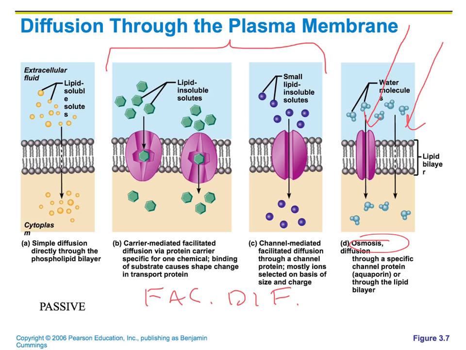You have molecules such as sugars and ions which need the help of the protein to move through the membrane. And then over here on the far left you have simple diffusion for lipid-like materials passing directly through the lipid bilayer.